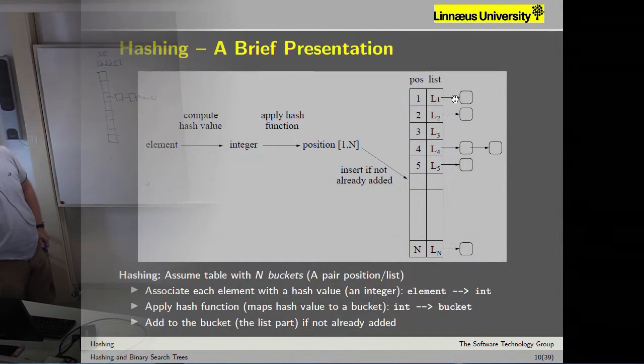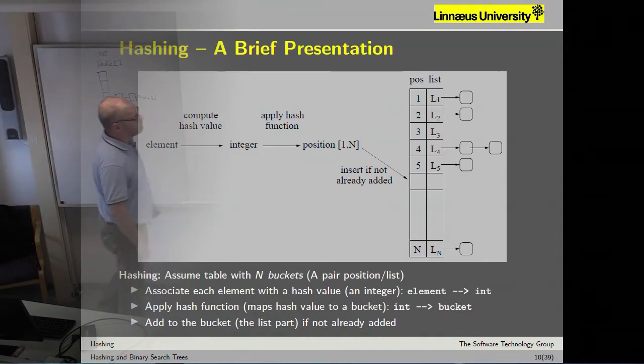Crucial for its performance is that we have an even distribution of elements over here. For example, if I have a very simple hash function that always gives the number 1, then we will have all elements in one list here, and it will be a linked list, so it's no advantage. We must try to come up with a way of creating a large variety of different integers, and we must make sure that they are distributed across the entire buckets.